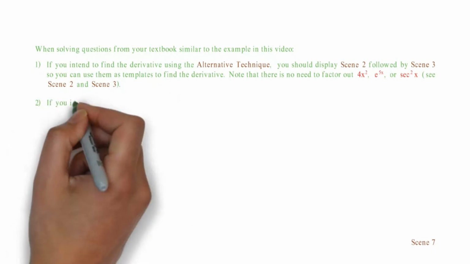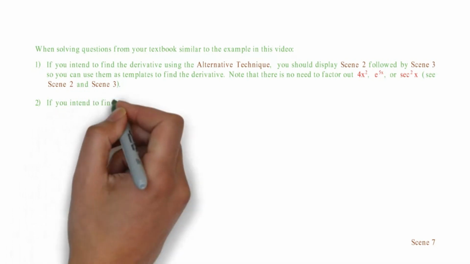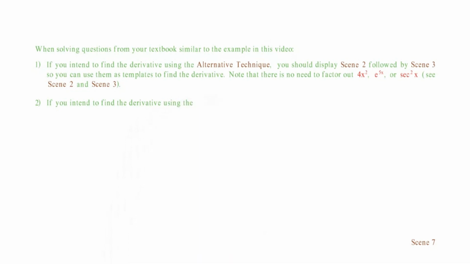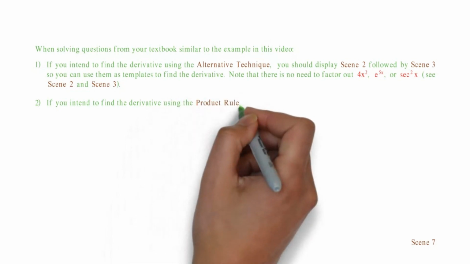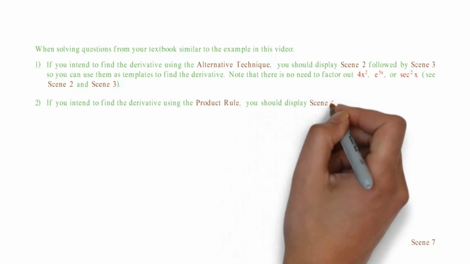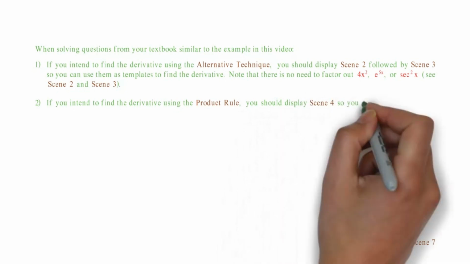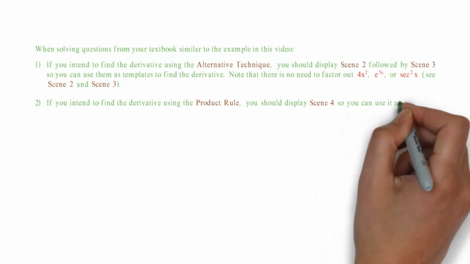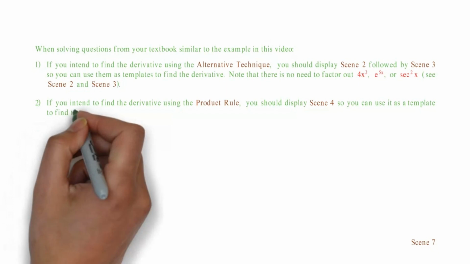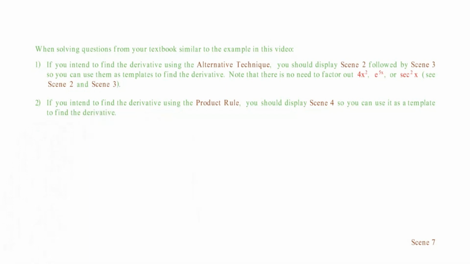If you intend to find the derivative using the product rule, you should display scene 4 so you can use it as a template to find the derivative.